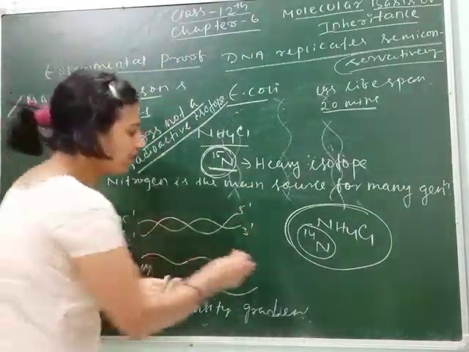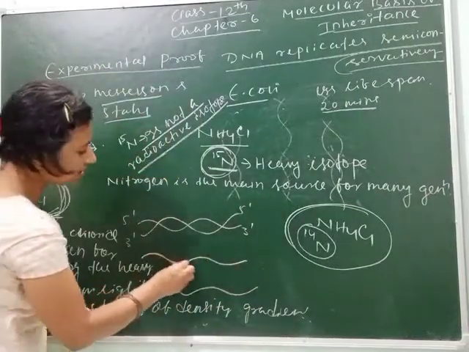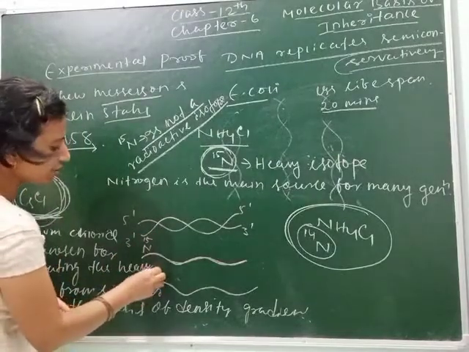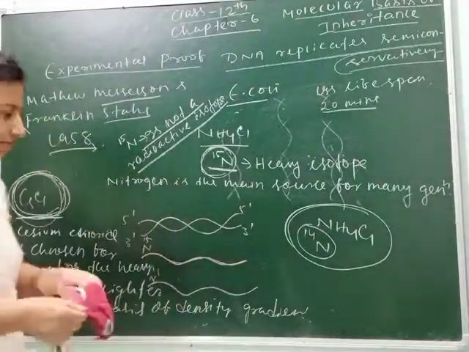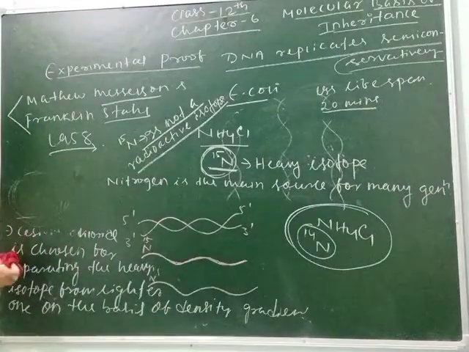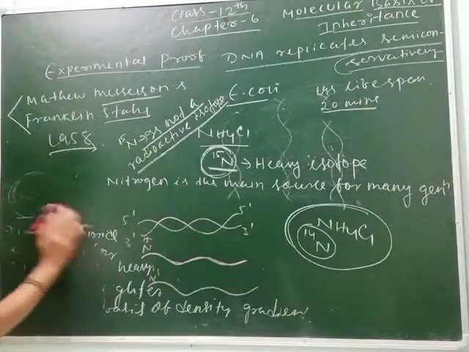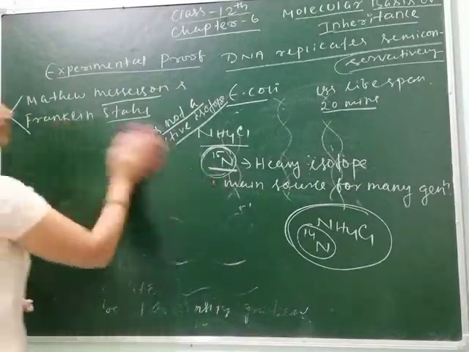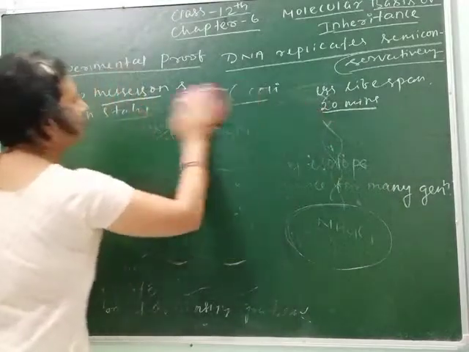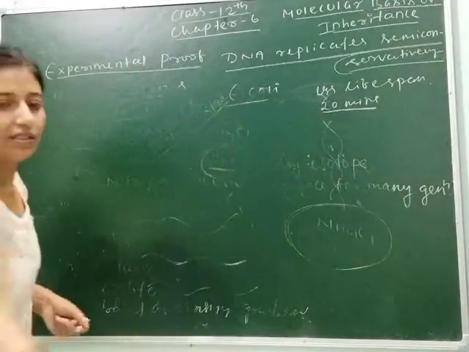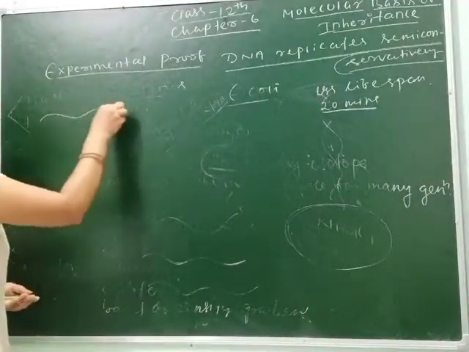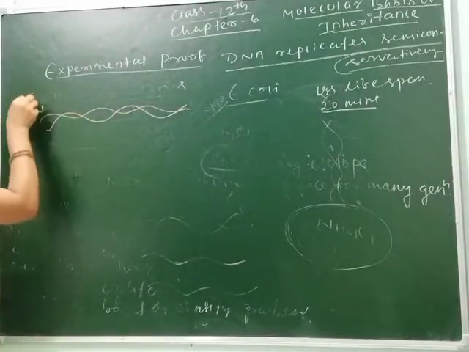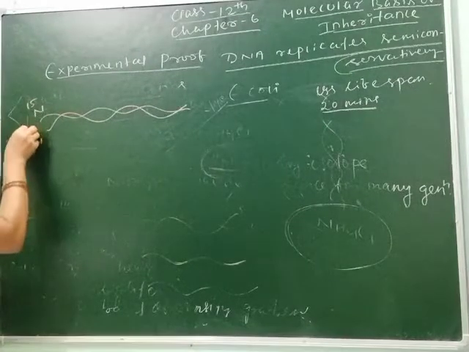Let's see through the diagram. Suppose this is nitrogen 15, N15, this is also nitrogen 15, N15.